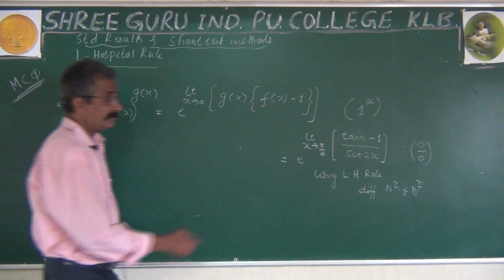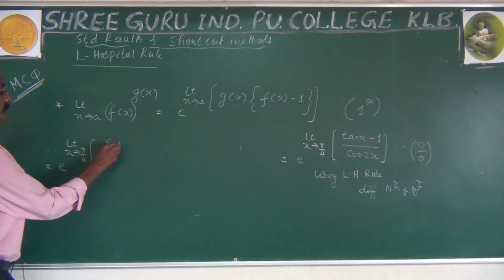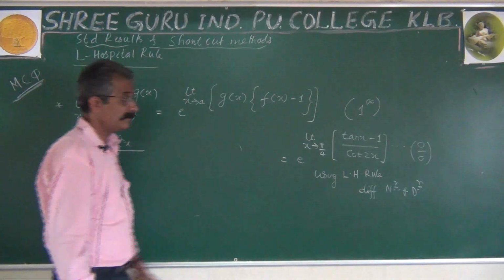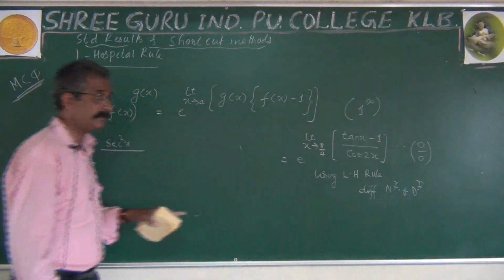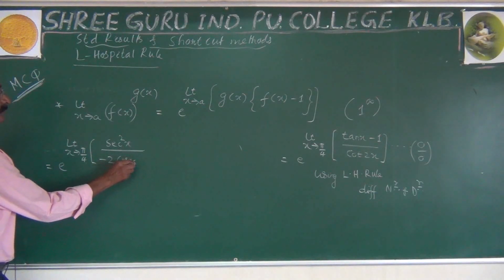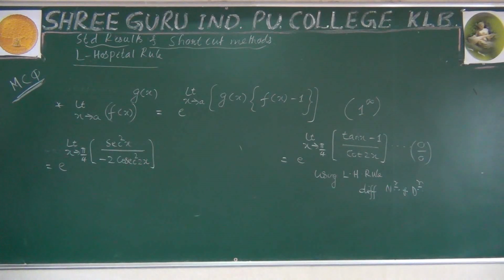E power, differentiation of tan x is secant square x, whereas differentiation of 1 is 0, left out, divided by differentiation of cot 2x, which is minus 2 cosec square 2x. But all this is happening in the power of the exponent here.